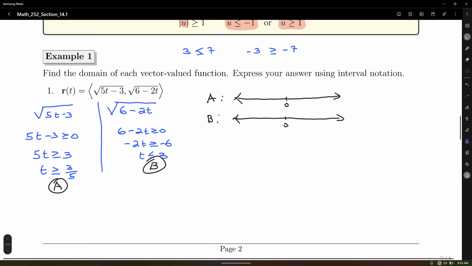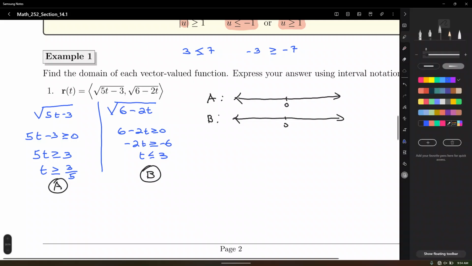You don't have to mark the lines, especially because in many cases we may have fractions. So just make sure that we have a good number sense here. So I'm going to go to 3/5, which is roughly here. This is where 3/5 is.